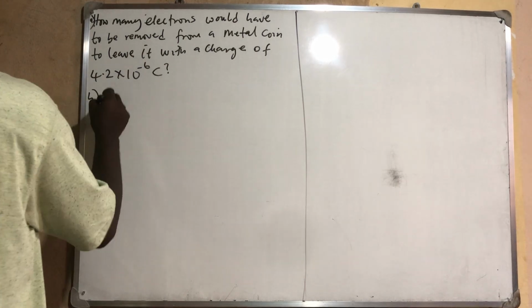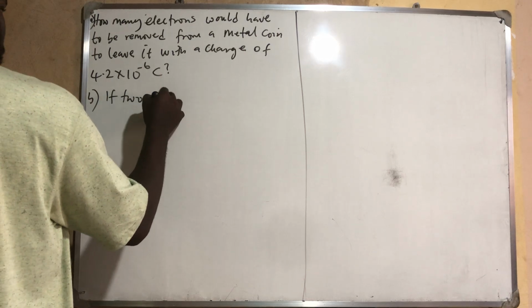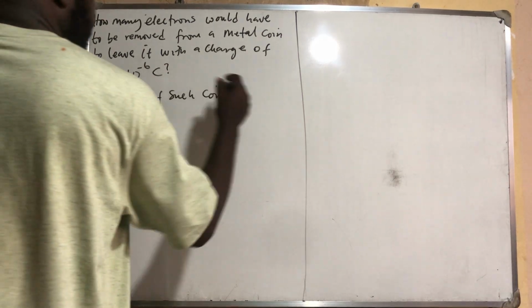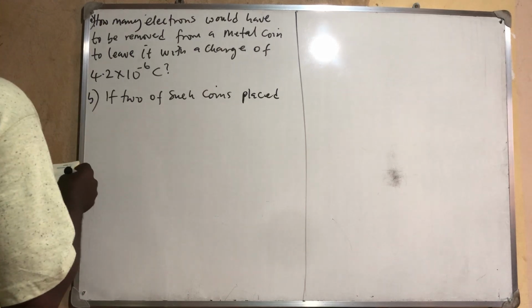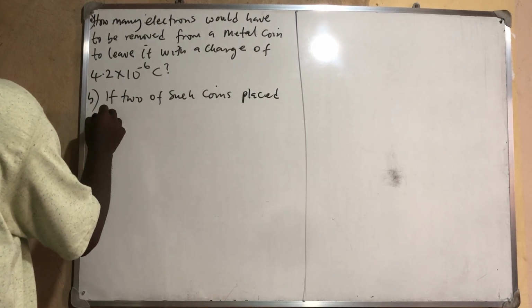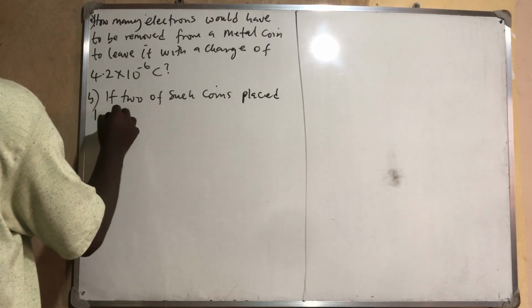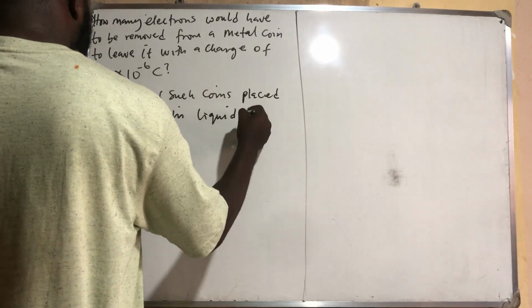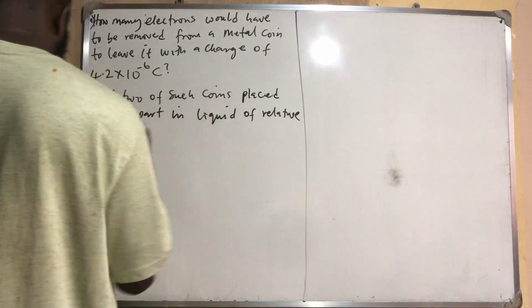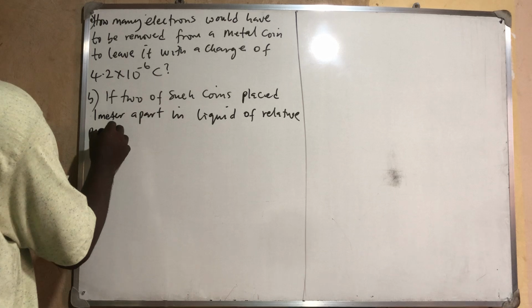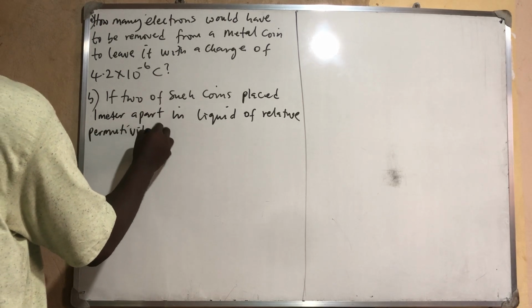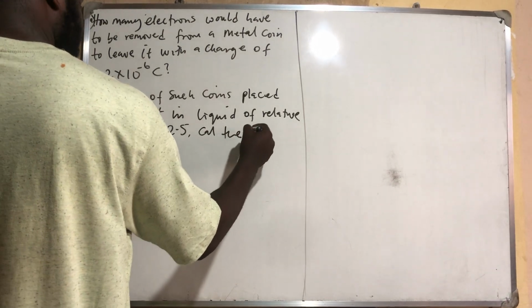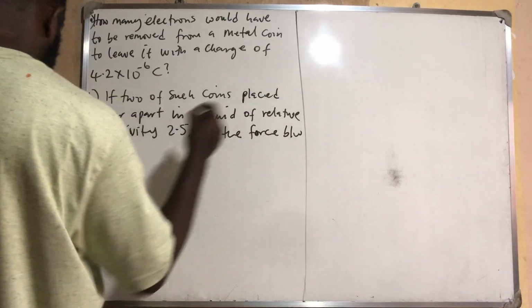Question number B said, if two of such coins are placed 1 meter apart in a liquid of relative permittivity 2.5, then calculate the force between the coins.